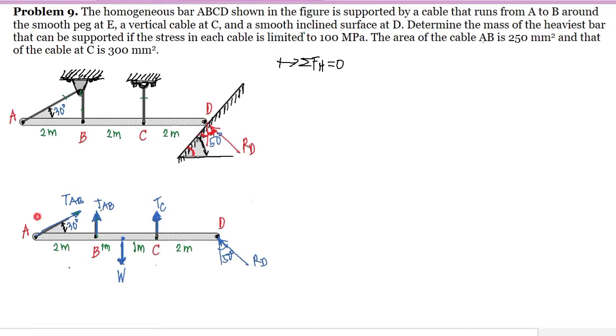Here, we have the vertical component, TABY, and the horizontal component, TABX. And RD has two components since it is directed to quadrant 2, so it has a vertical upward and a horizontal to the left component. So this is the RD, this is the RDY, and this is the RDX.